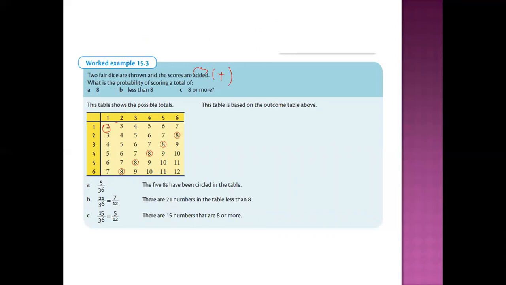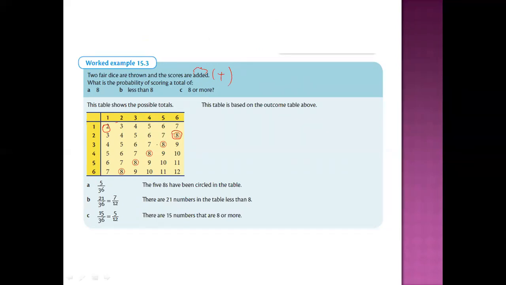What is the probability of scoring a total of 8? When you add them, what is the probability of a total score of 8? Of course, we need the 8s. There we have 5 8s, because of the second column and the last rows, as you see here, 8.